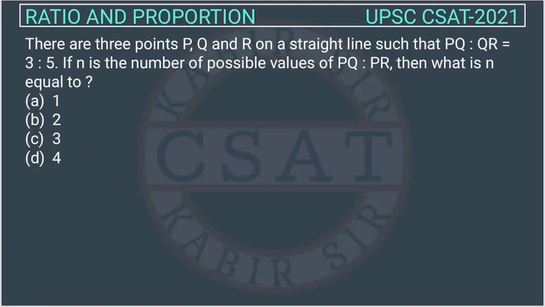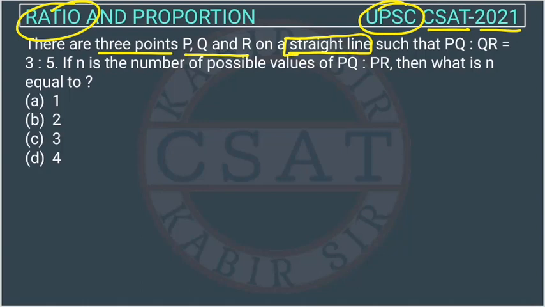This is a question of ratio and proportion asked by UPSC in the CSAT paper of 2021. There are 3 points P, Q and R on a straight line. This is important. These points are on a straight line such that PQ ratio QR is 3:5.